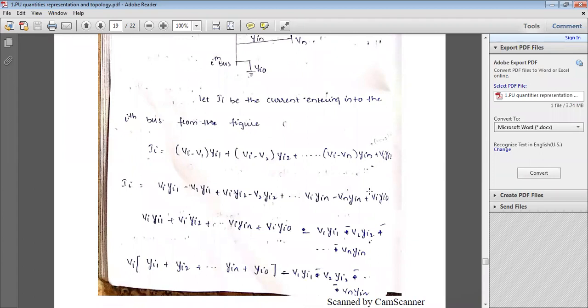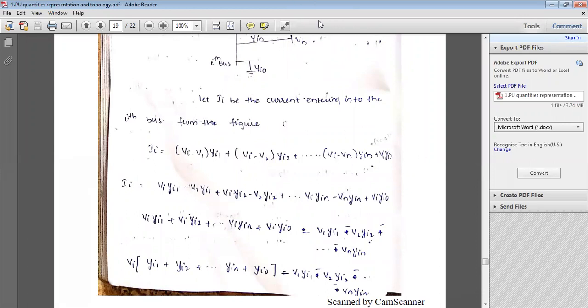First you please note down all the equations. Later you will analyze how this equation comes about, right?